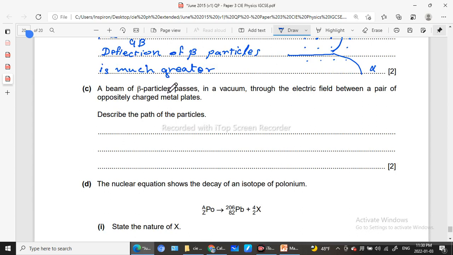C. A beam of beta particles passes in vacuum through the electric field between a pair of oppositely charged metal plates. Describe the path of the particles.